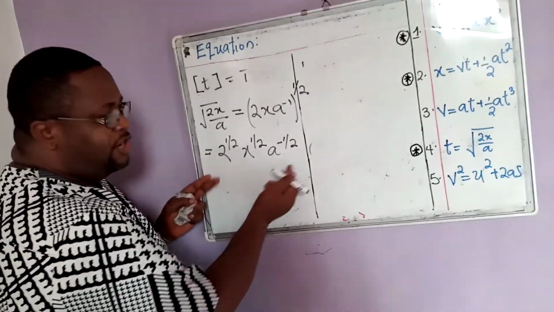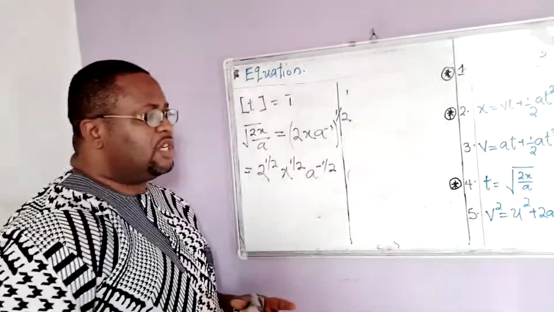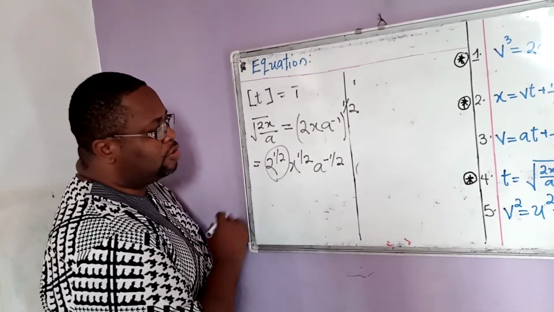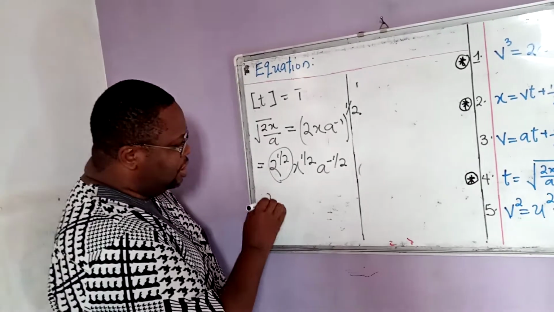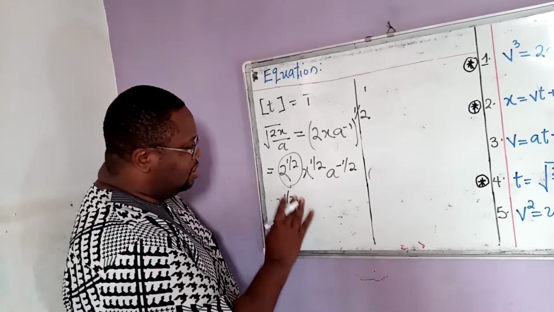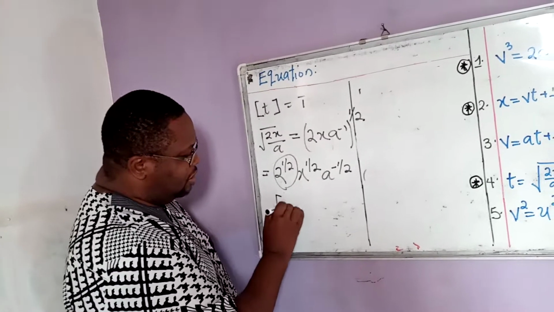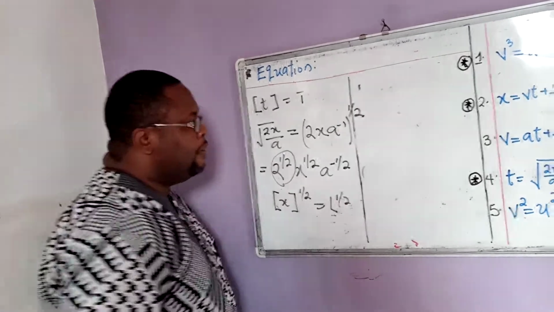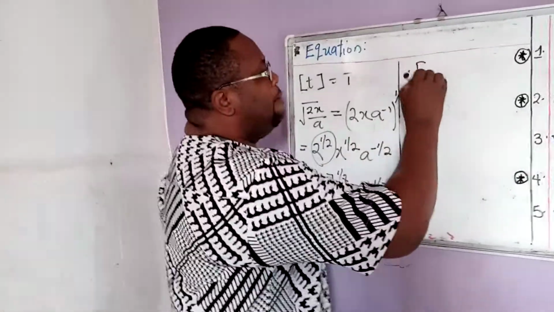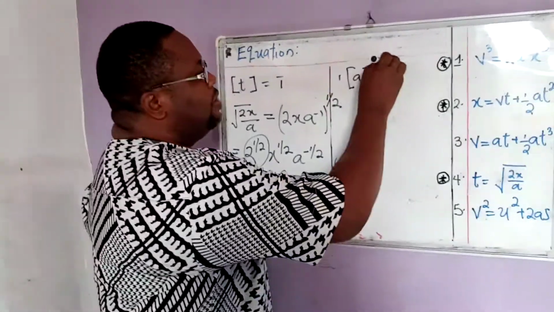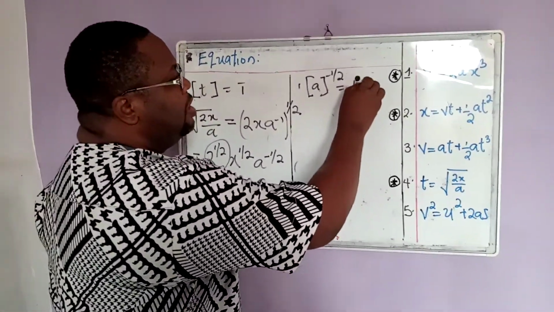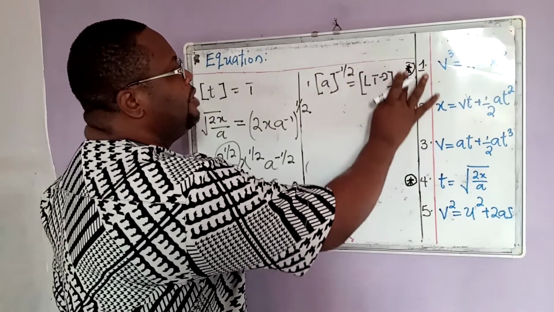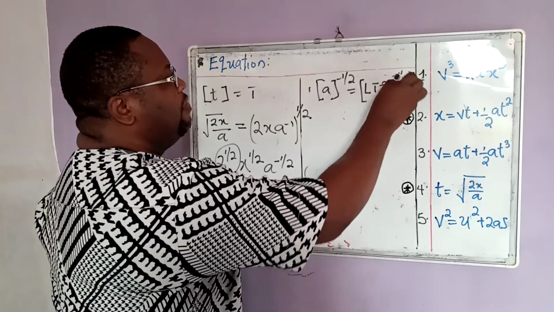So if I can find the dimensions of all this and come out with T, then the equation is dimensionally correct. You now discover that 2 to the power half is a constant, so we don't consider it in dimensional analysis. The dimension of x to the power half is simply L to the power half. Now what about a to the minus 1/2? The dimension of a^(-1/2) becomes (LT^-2) all raised to the power minus 1/2.